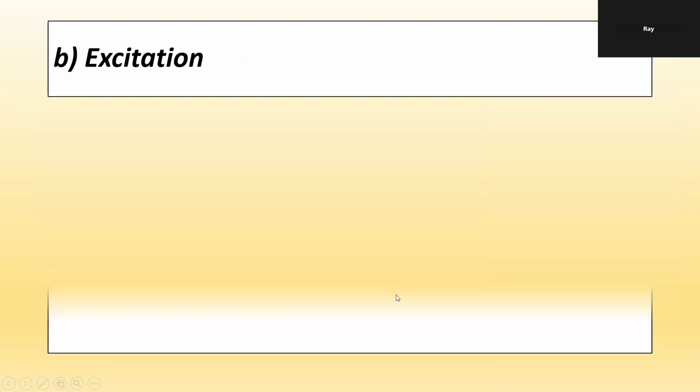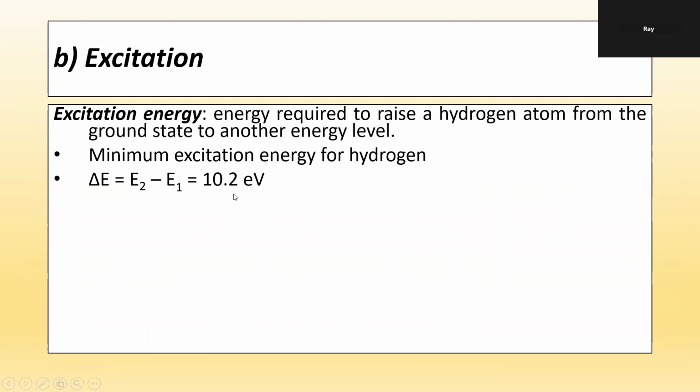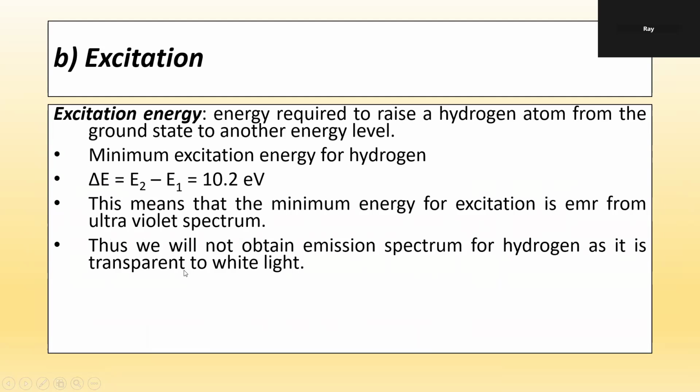Okay, good. Excitation energy is required to raise a hydrogen atom from the ground state to another energy level. The minimum is 10.2. This means that the minimum energy for excitation is electromagnetic radiation from the ultraviolet spectrum. Thus, we will not obtain an emission spectrum for hydrogen if it is exposed to white light.